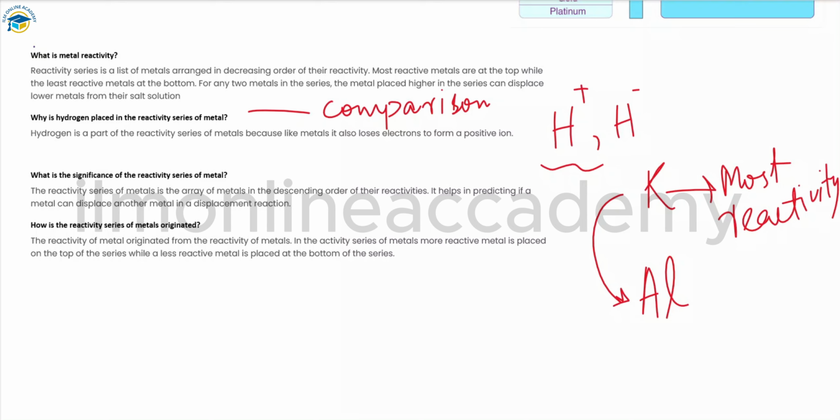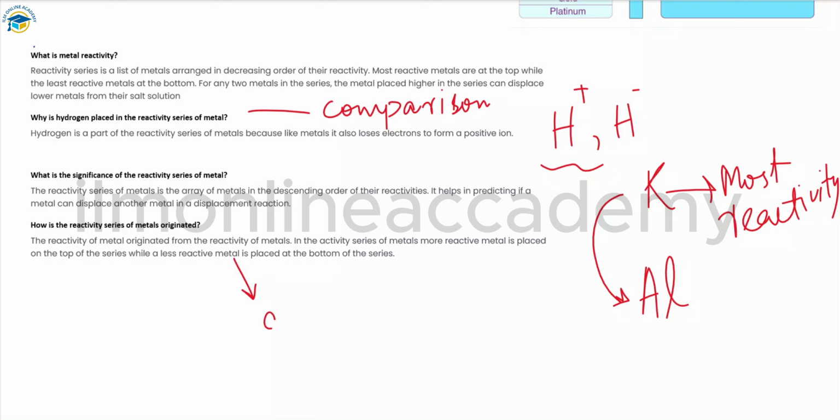How is the reactivity series of the metals originated? The reactivity series of a metal is originated from a range of experiments with oxygen, dilute hydrochloric acid, air, and water. So in the reactivity series of the metals, the more reactive metals are placed at the top of the series by experimenting with the metals, and less reactive metals are placed at the bottom.